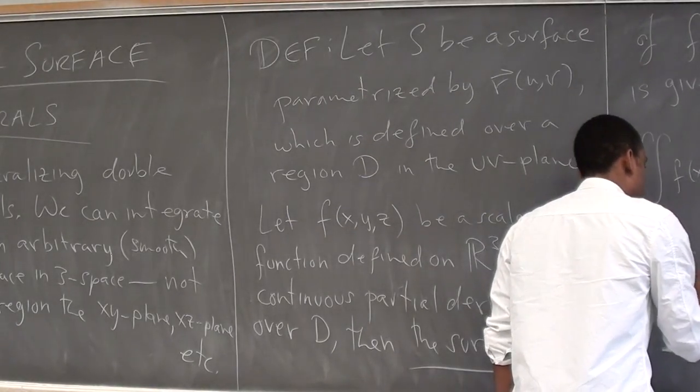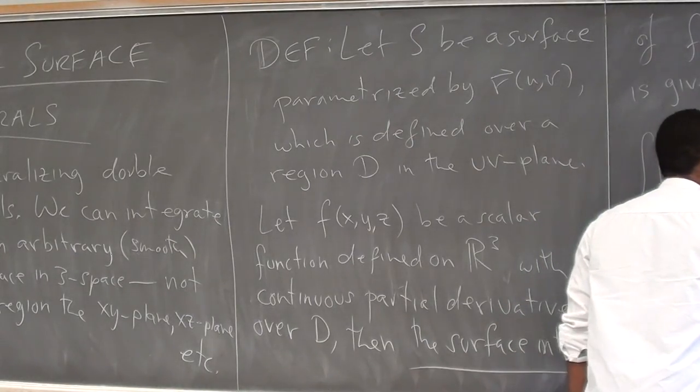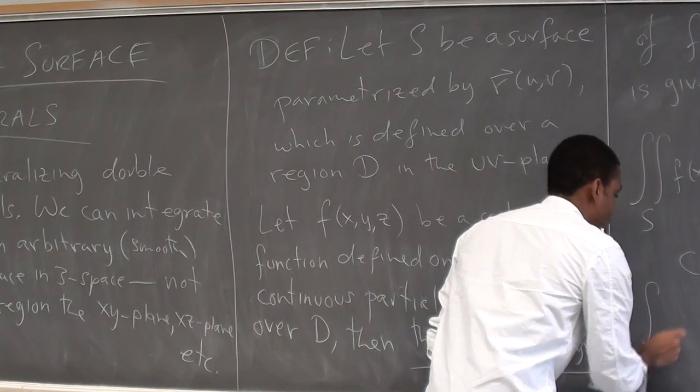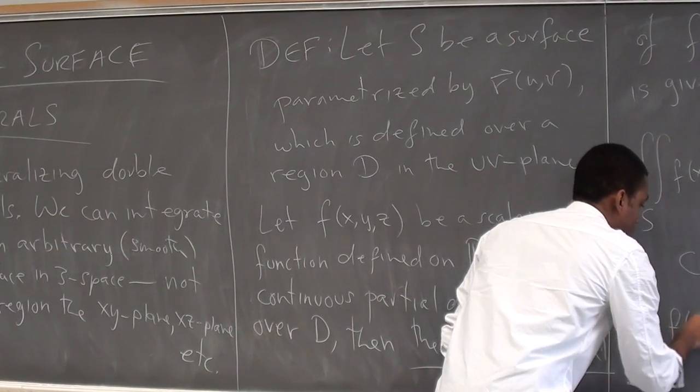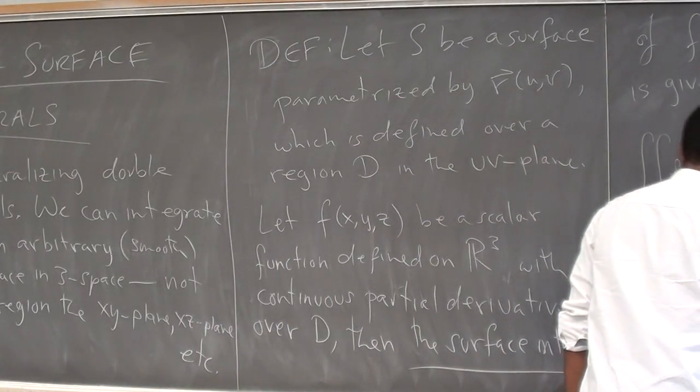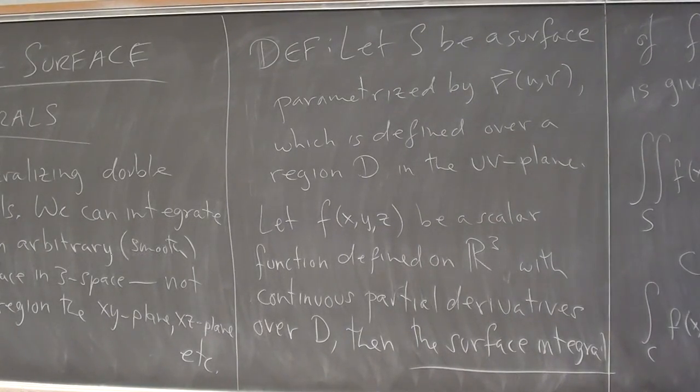So compare to the regular line integral when we had the integral along C of f of x, y ds, little s, right? That was just equal to the integral of f of r of t times the magnitude of r prime of t dt, right?